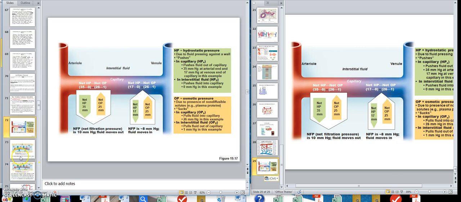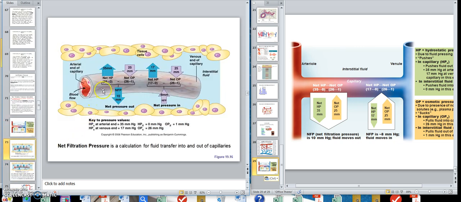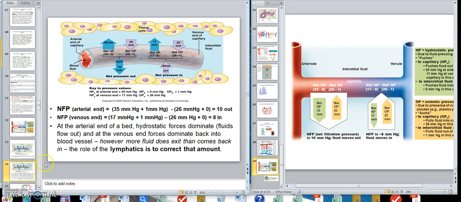So we go here and we're looking at the net filtration. Let's do our calculations. All right. So I'm saying at the arterial end, the force out, which would be the force of the water out, would be the mean arterial pressure.